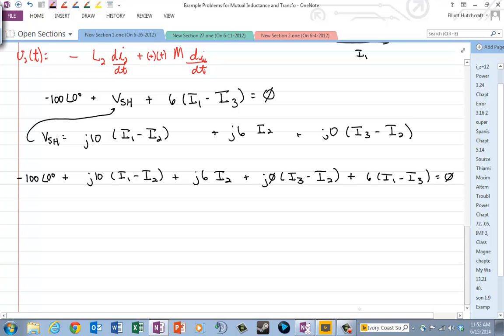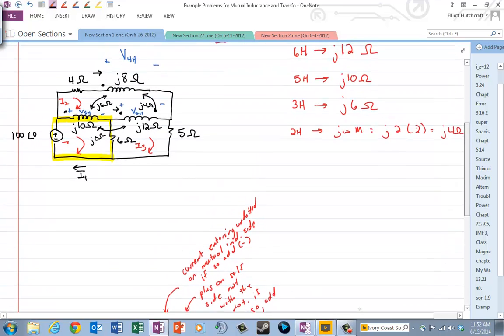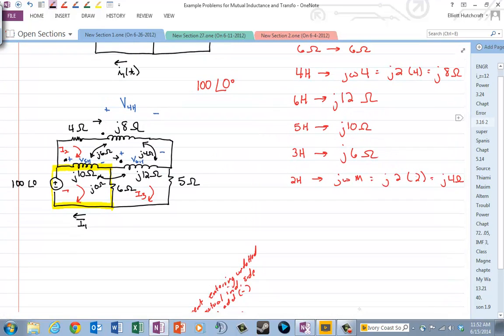Okay, so next let's go back to this problem and go through the bottom right loop. I'm going to come here and go around this loop.